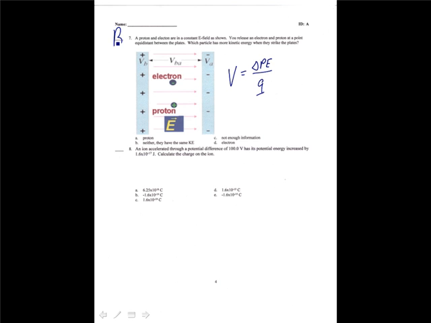An ion is accelerated through a potential difference of 100 volts, and has a potential energy increase of 1.6 times 10 to the minus 17 joules. Calculate the charge on the ion. Well, V is delta PE over Q, just like I had before.